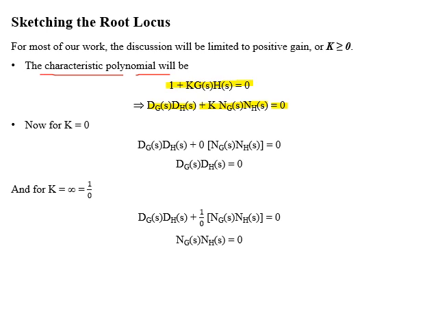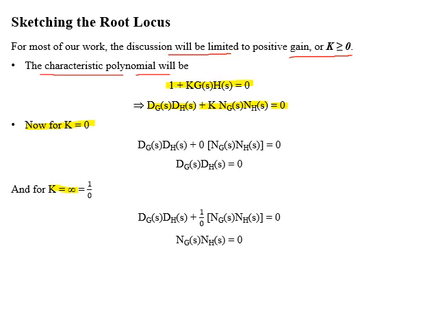Now root locus gives us the path followed by the closed loop system poles for varying parameter K, and parameter K has values greater than or equal to 0, which means that the minimum value it can have is 0 and the maximum is infinity ideally.